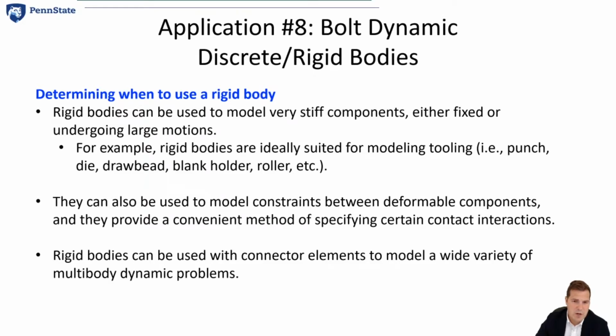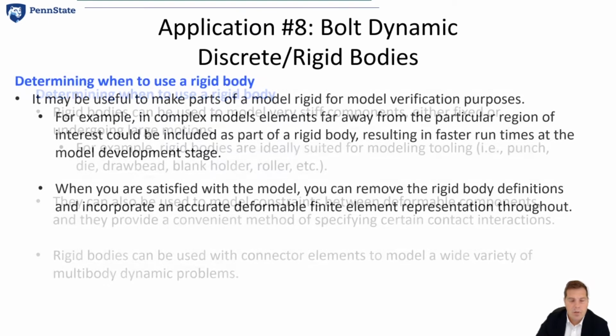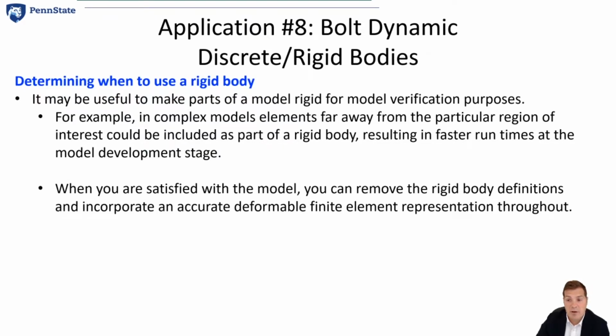They can also be used to model constraints between deformable components, and they're a convenient method to specify certain contact interactions. They can also be used with connector elements such as springs or dashpots to model a wide variety of multi-body dynamic problems. One of the most useful cases is when you have a very large assembly of multiple parts and you want to sort of debug or get your simulation going, right?